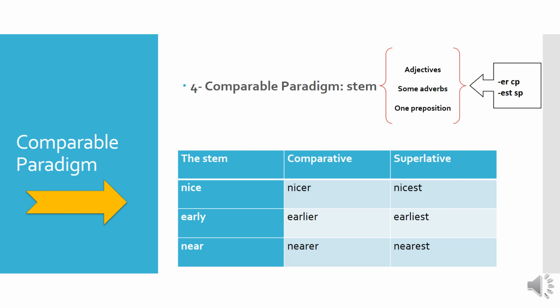The last word is near. Near is a preposition. This is the only preposition that has a comparative and a superlative form. So we can put it in the comparable paradigm. The stem is near, the comparative form is nearer, and the superlative form is nearest.